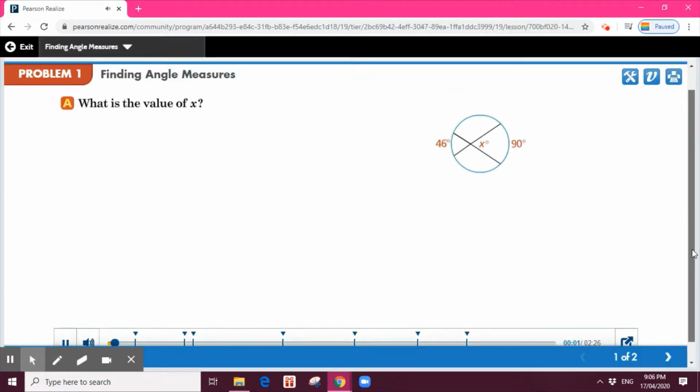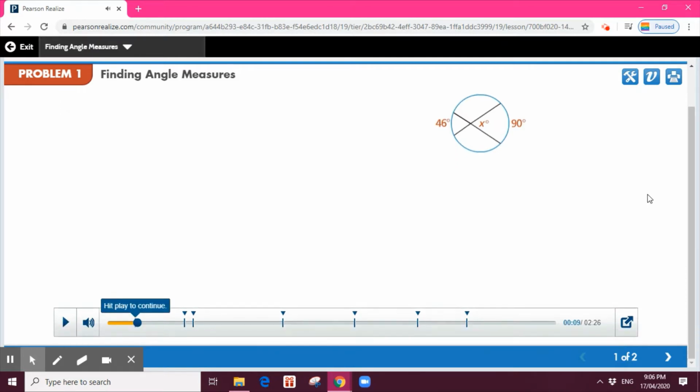In this problem, you will find measures of angles formed by chords, tangents, and secants. Part A. What is the value of x? Two chords intersect to form an angle with measure x degrees. And the degree measures of the intercepted arcs are 46 and 90.